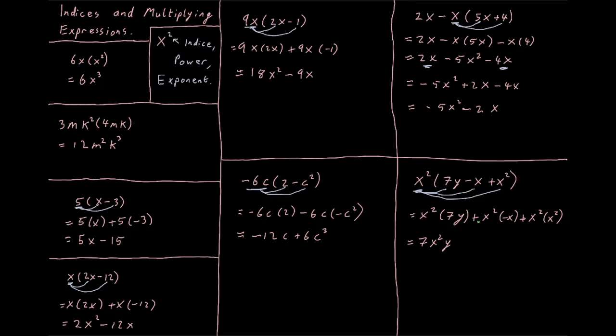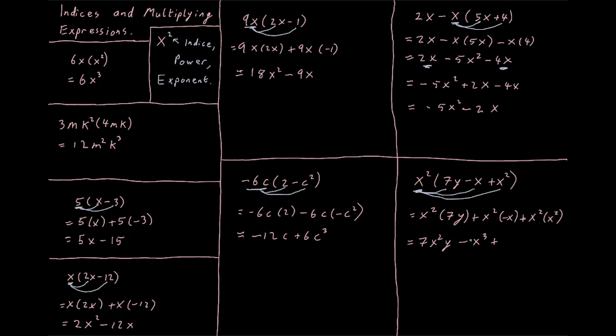And then I have 1 of x squared times minus 1x. So I have plus 1 times minus 1. So I have minus 1 of x squared times x would be 3 x's multiplied together in total. X times x times x. And then I have 1 of x squared times 1 of x squared is going to be just 1.